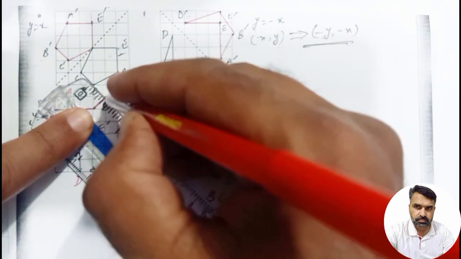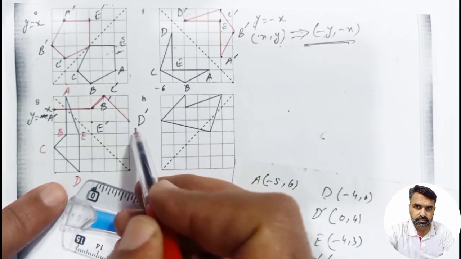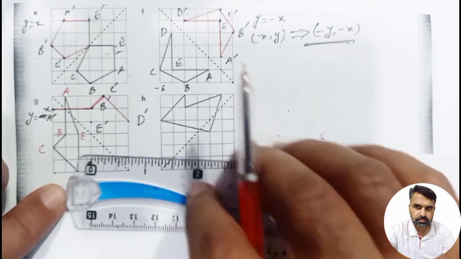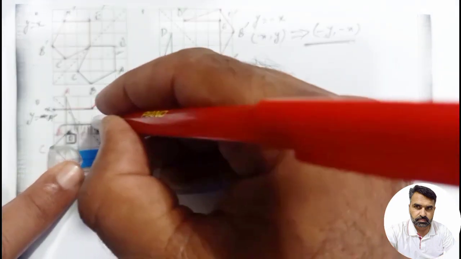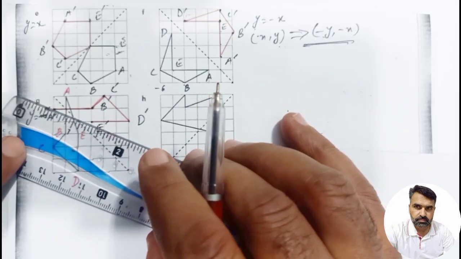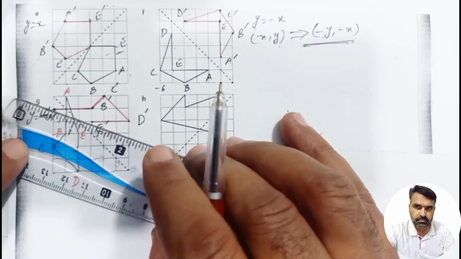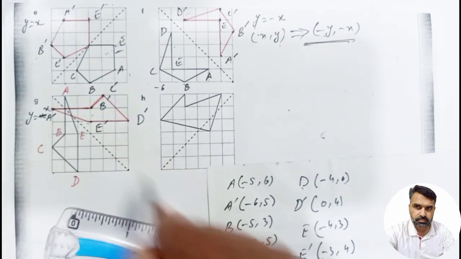I will join these points, and then D prime to E prime, and then E prime to A prime. So students, at the end I will join these 2 points, A prime and E prime. So students, this figure is the reflection of this figure according to this mirror line.